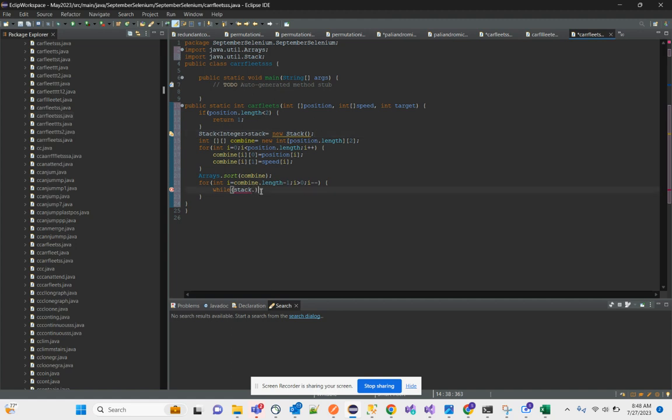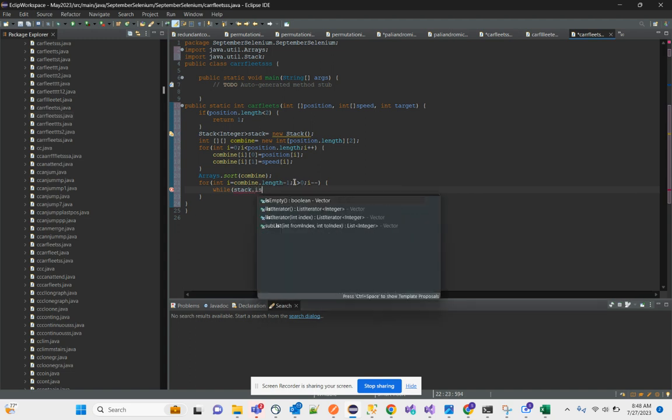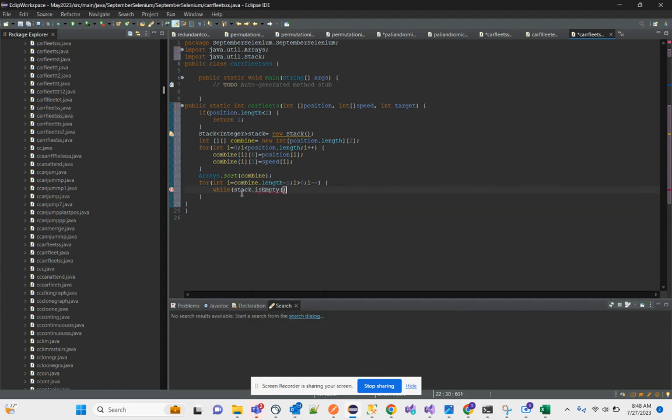While stack is not empty, and we have to calculate the current time, right? Current time equals target minus combine i of 0, that is position, divided by combine i of 1, that is speed.